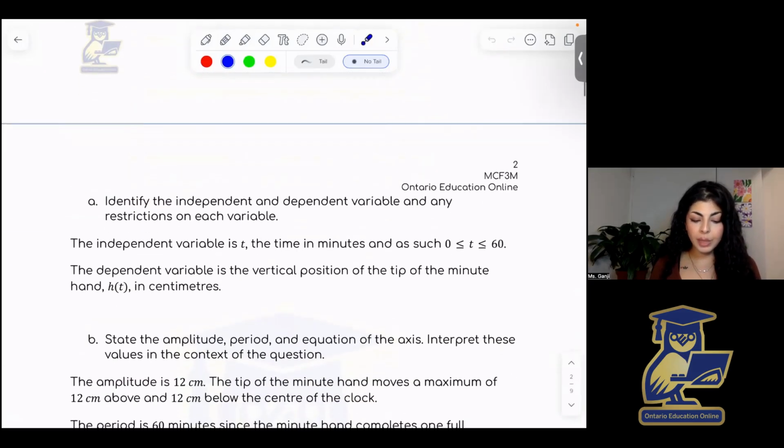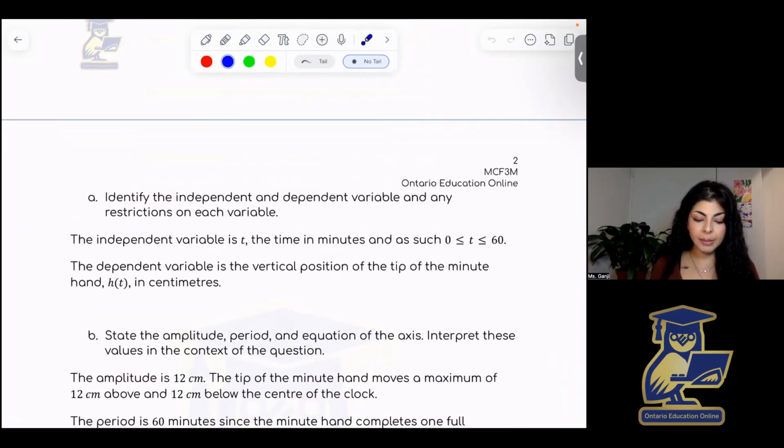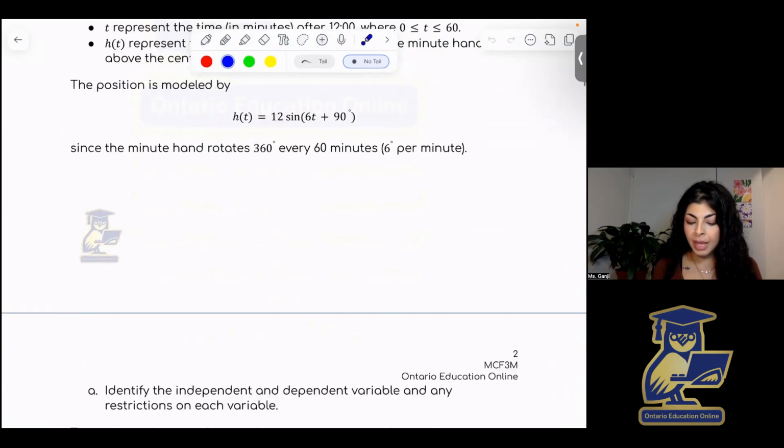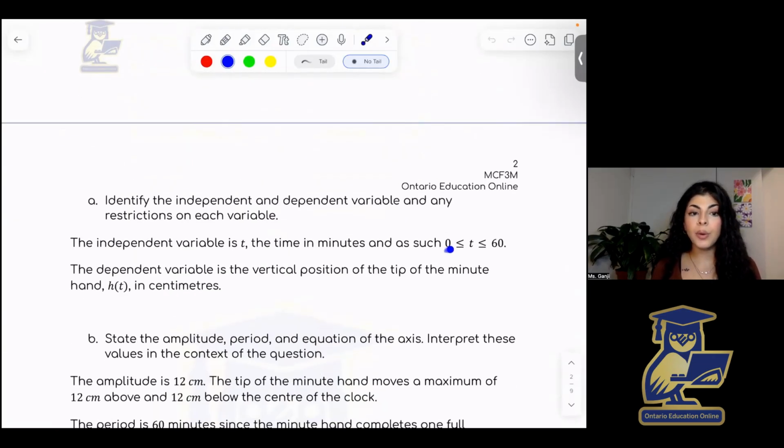Now we're asked first to identify the independent and dependent variable and any restrictions on each variable. Of course the independent variable here is t, which is the time in minutes, and it is precisely the time after 12 o'clock. And we have t between 0 and 60 inclusive because we are only looking at one rotation over 1 hour.